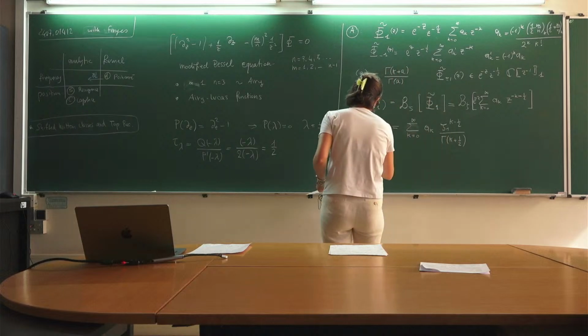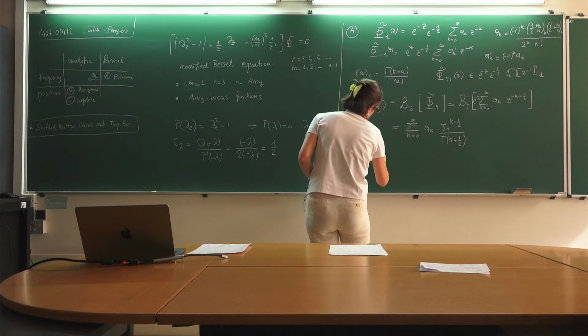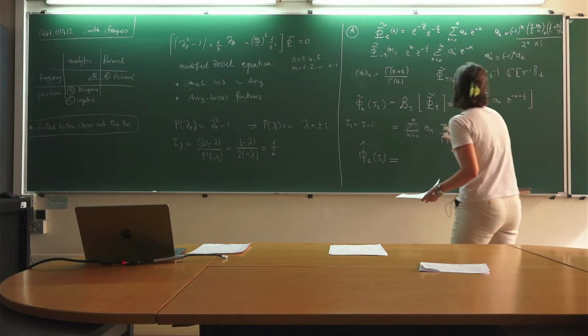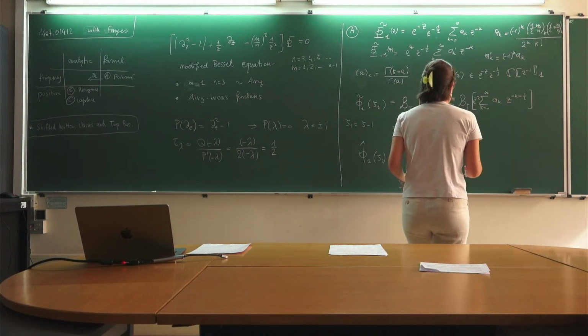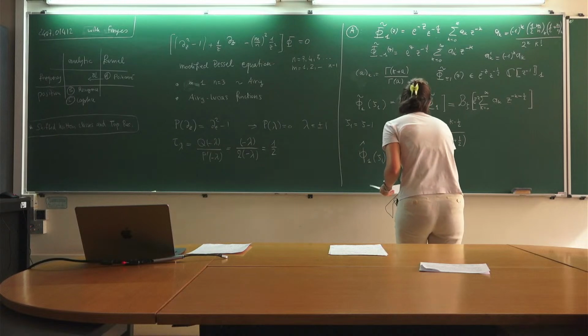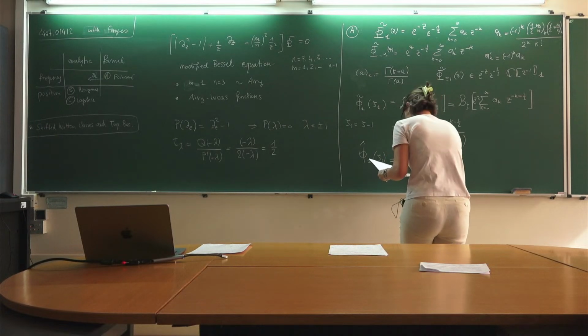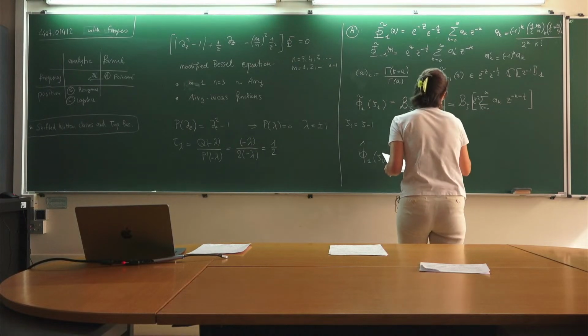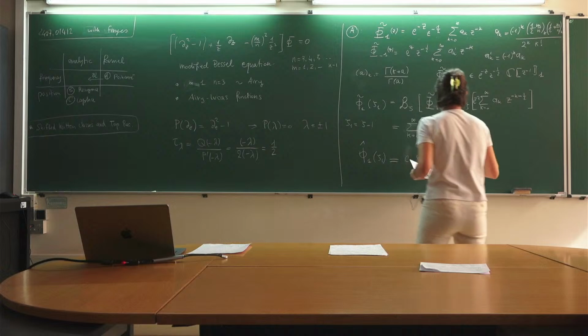So what yesterday I was calling phi hat 1, in this case, it's just a hypergeometric function. So it's, up to a constant, zeta 1 to the minus 1/2.